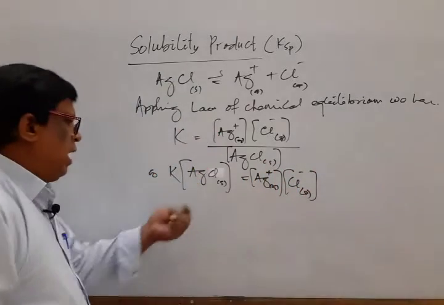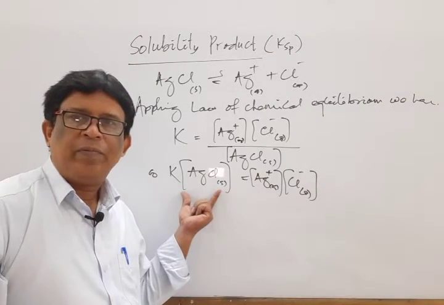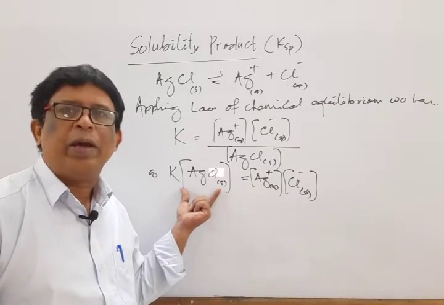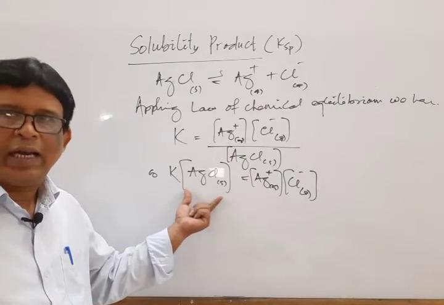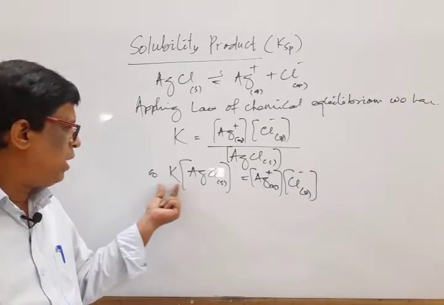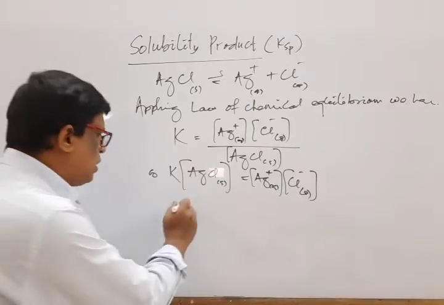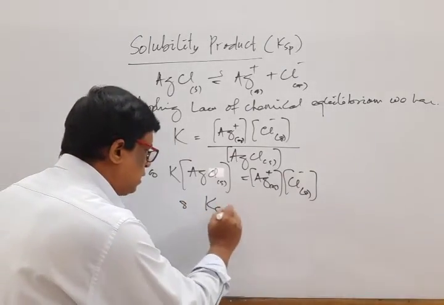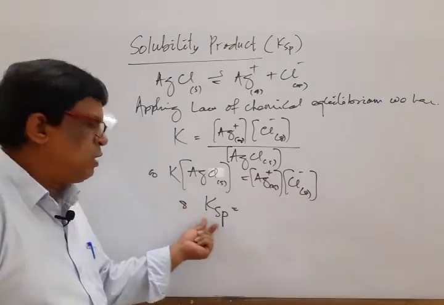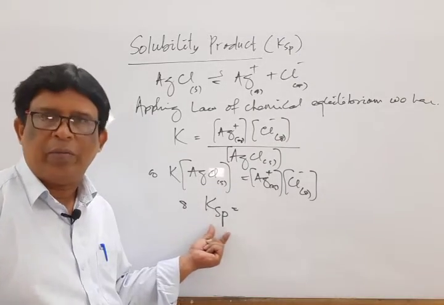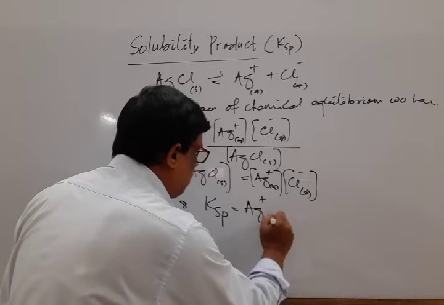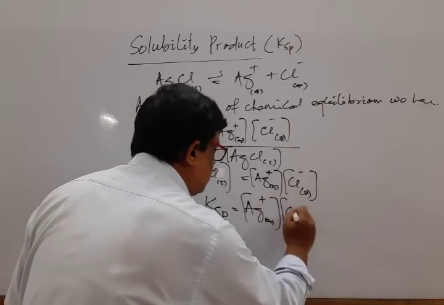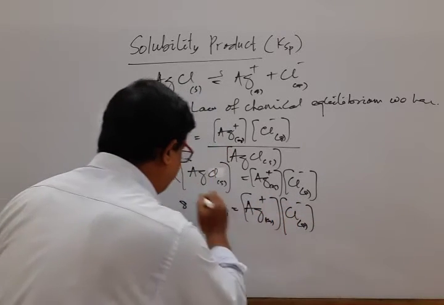Mark that. It is a sparingly soluble salt, meaning it ionizes to a very small extent, so its concentration is taken as a constant. Constant into constant is another constant, known as Ksp. Ksp, where sp means solubility product, is equal to [Ag+(aq)] times [Cl-(aq)].